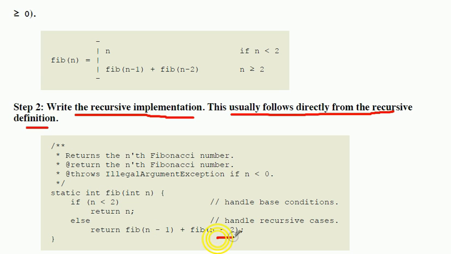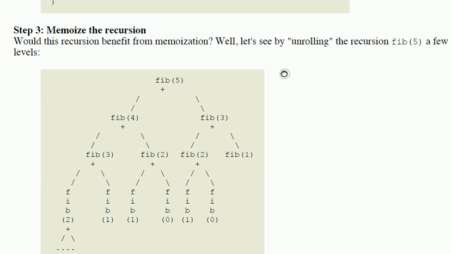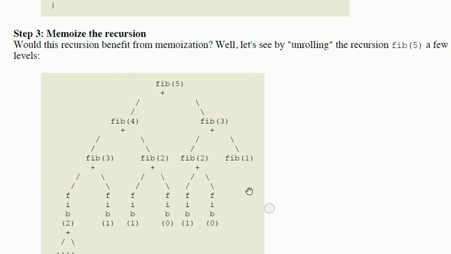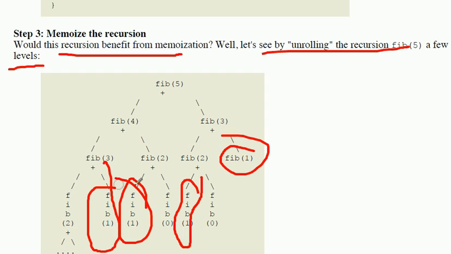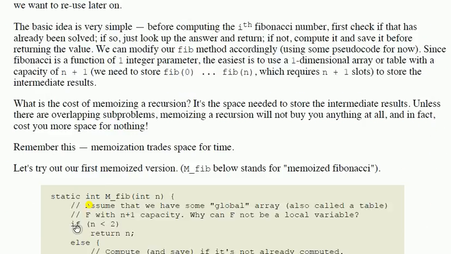This is the general code you will have for this, right? This is normal. This is not the memoization version. And now, after you draw this yourself, you find out that this is running 1, 2, 3, 4 times. In this way, would this recursion benefit? No. So after this is done, you will understand how to improve this. That's step 3.